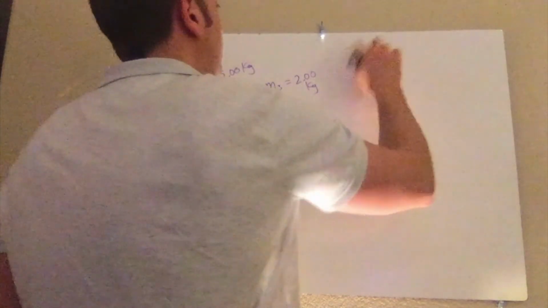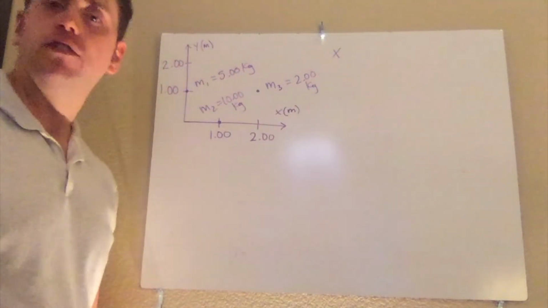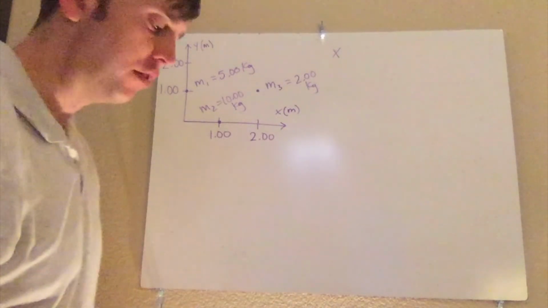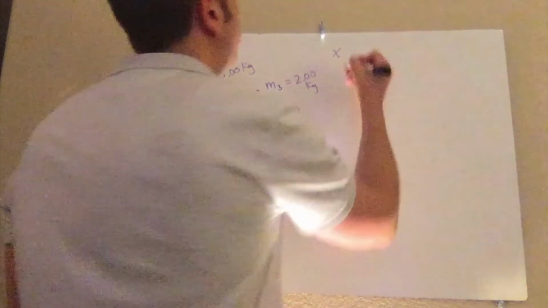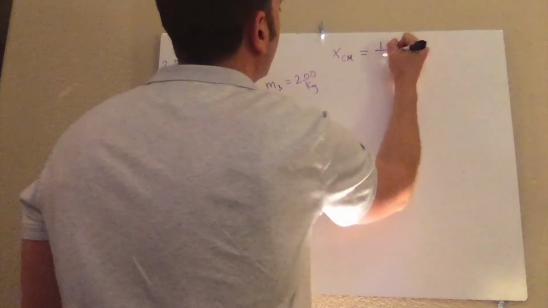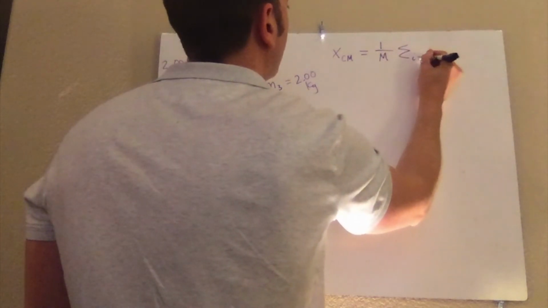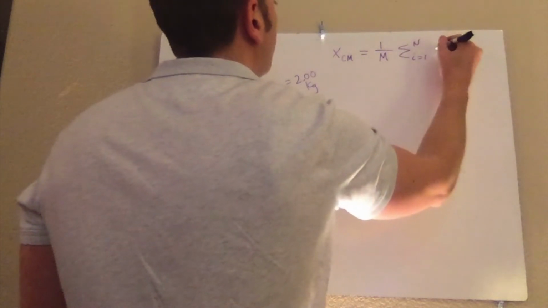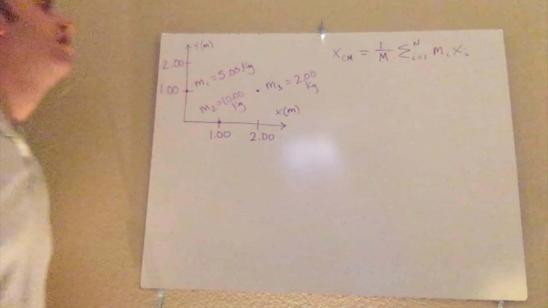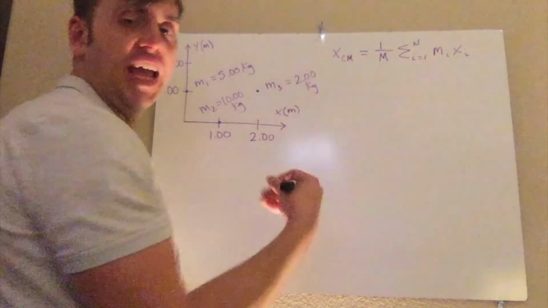If I want to know what the position of the center of mass is, a good way to start thinking about this is in terms of the x coordinate and the y coordinate of the center of mass separately. So the x coordinate of the center of mass, as we've seen, is 1 over the total mass times the summation of mass times x. Now in this case, when you see the sum, we should be thinking n is equal to 3.